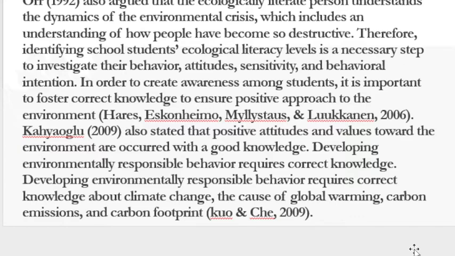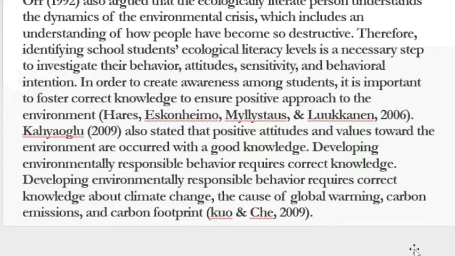That is why this kind of knowledge is embedded even in our school's curriculum, even in every company or every organization. They are more aware now of the effects of their company's actions on the environment.